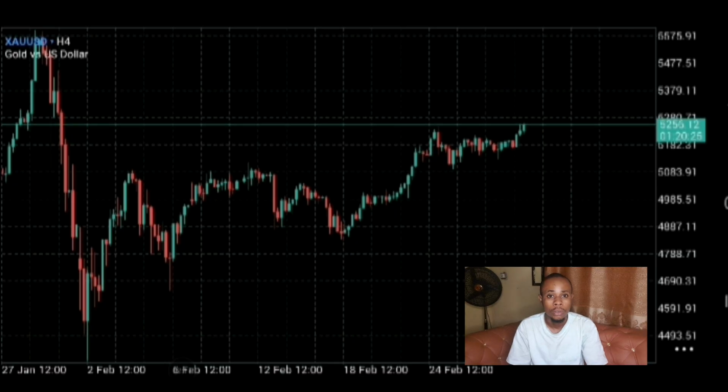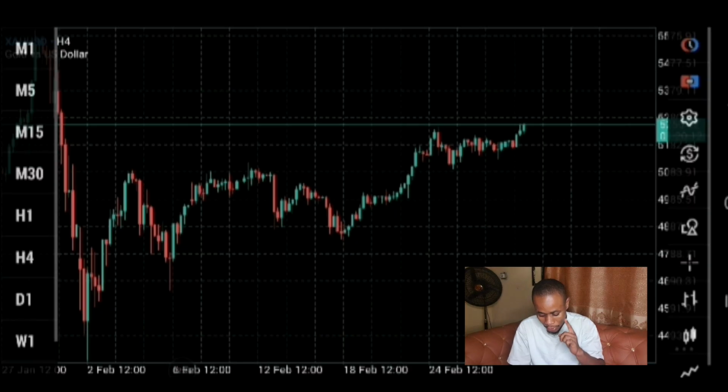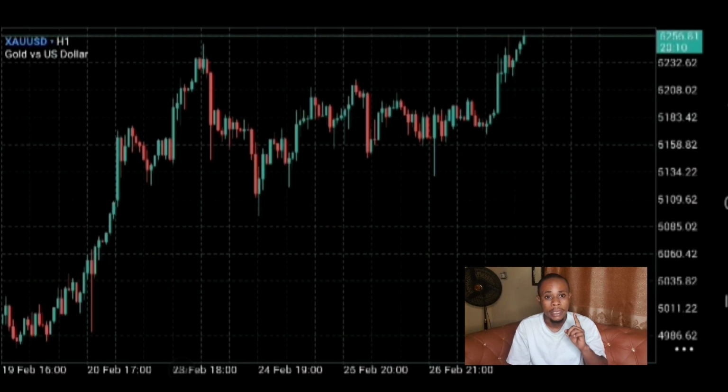So in 1 hour, I'm placing it in 4 hours time frame. In the 4 hours time frame, every single candlestick represents 4 hours of time. Also in the 1 hour time frame, every single candlestick stands for 1 hour of time. So that's one thing you should know when you are analyzing trade with time frame.